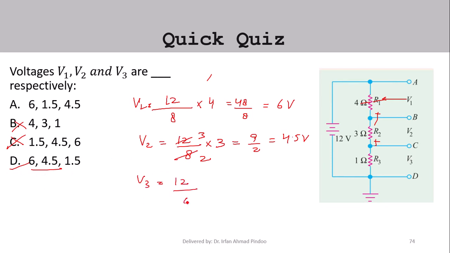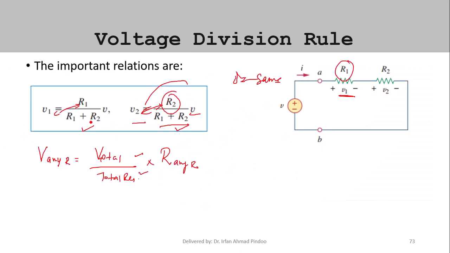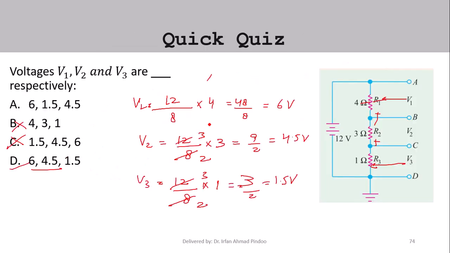It will be 12 upon 8 into the resistance across V3, that is 1. So it is 3 upon 2, that gives you 1.5 volt. In this way we can use the voltage division formula to calculate the voltages across the resistors.